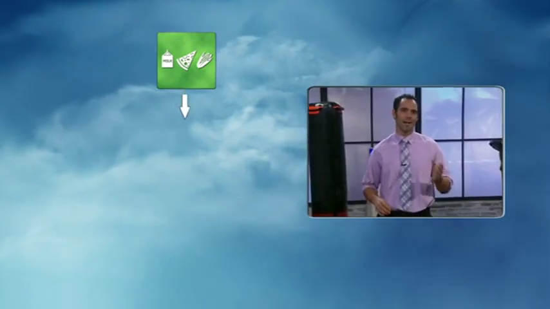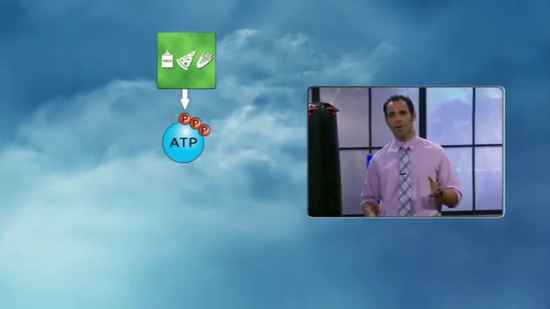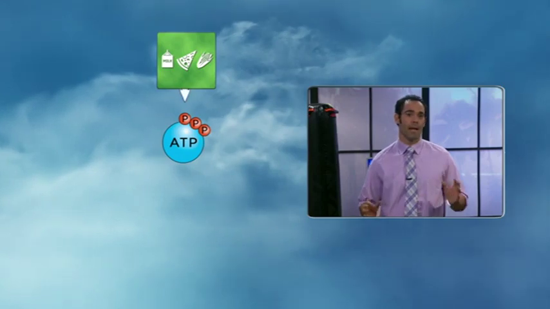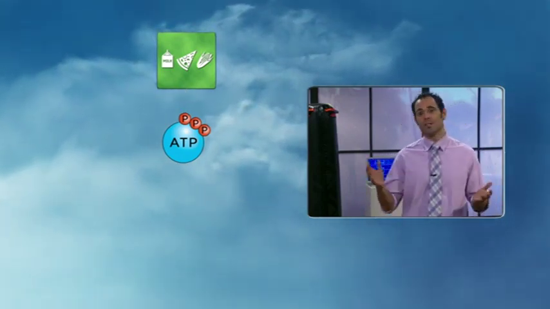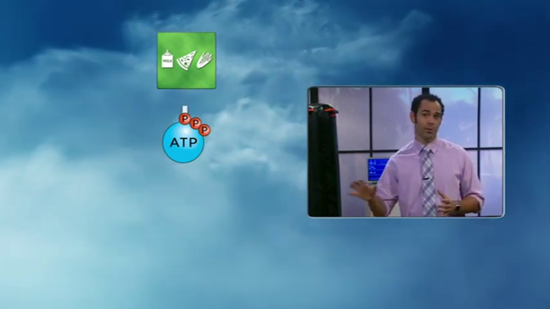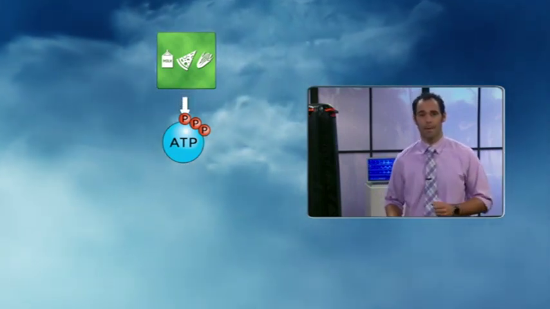We produce actual energy by converting the food we eat into something called adenosine triphosphate, better known as ATP. And ATP is often called the energy currency of the body because in a sense we pay for all of our biological actions with ATP.